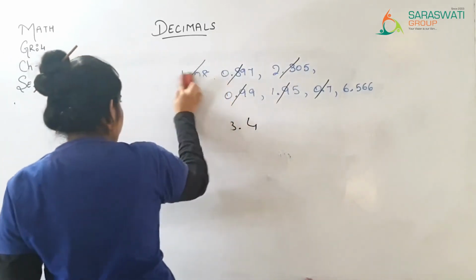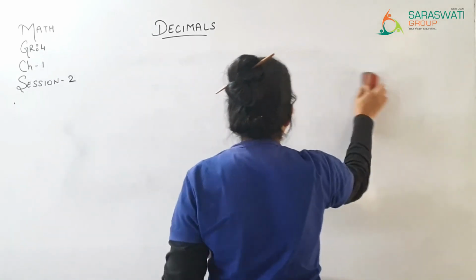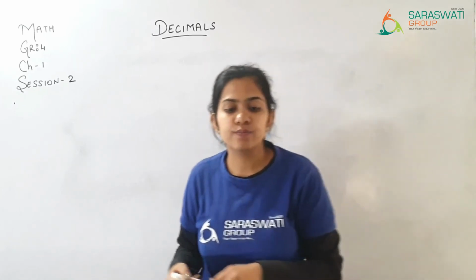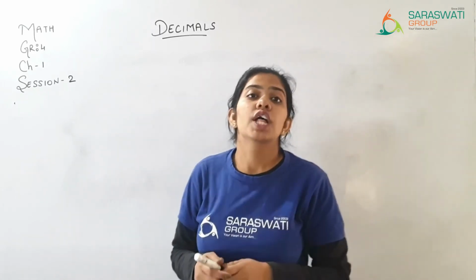Change all the numbers, that means change all the unlike decimals. You are given unlike decimals and you have to convert all the numbers into like decimals.